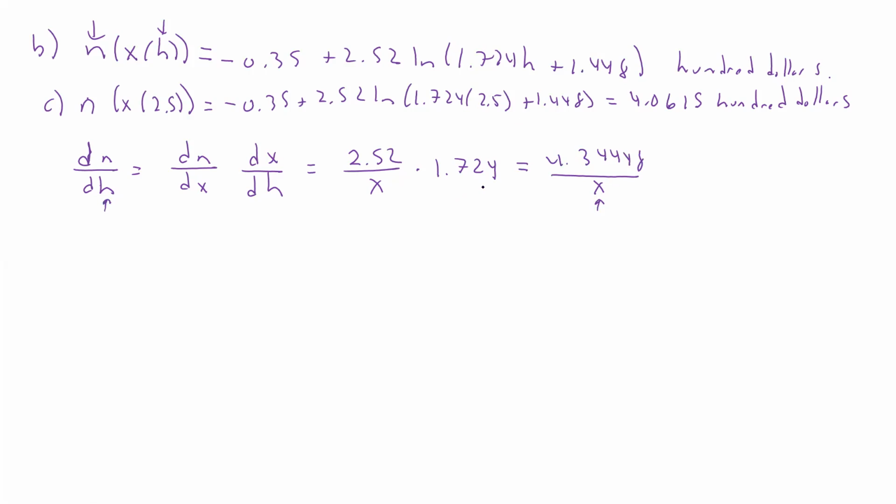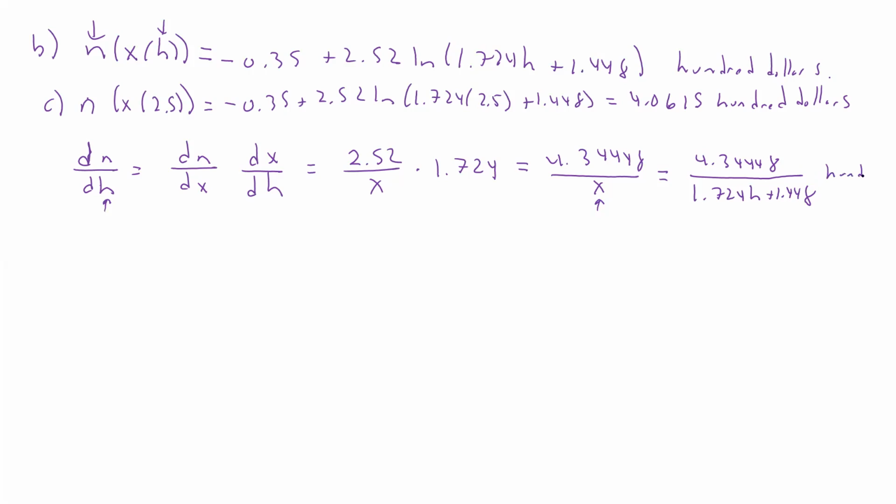So we have to plug in x here. So that is what x is. So now we just have 4.34448 over 1.724h plus 1.448.